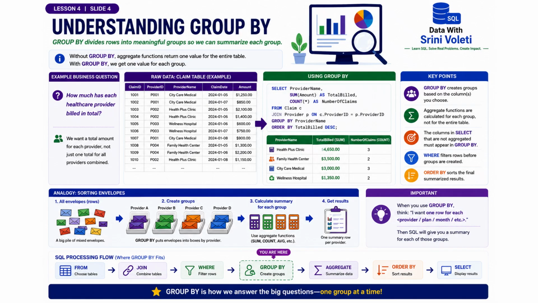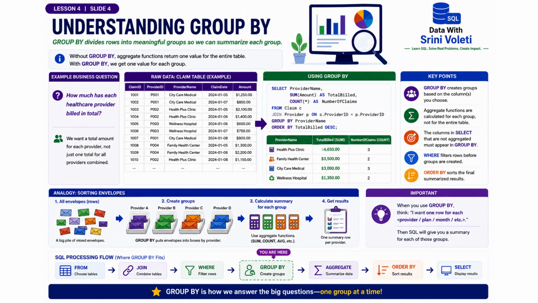Once these groups are created, SQL performs the calculation separately for each group. Sum calculates the total billed for each provider. Count calculates the number of claims for each provider. Average calculates the average claim amount for each provider. Instead of one answer, we now receive one summary row for each and every provider.